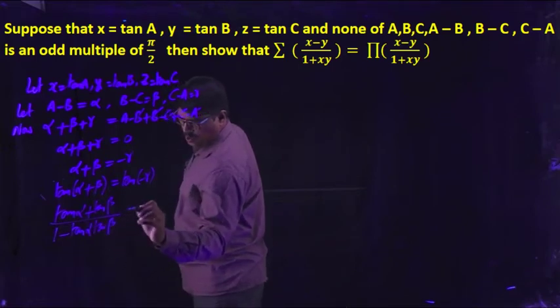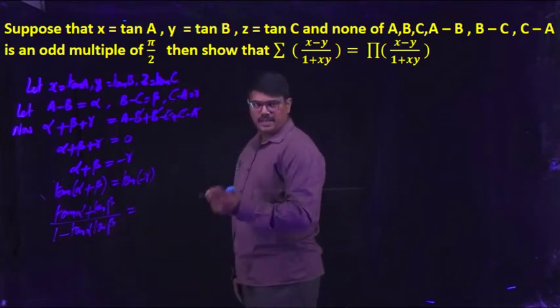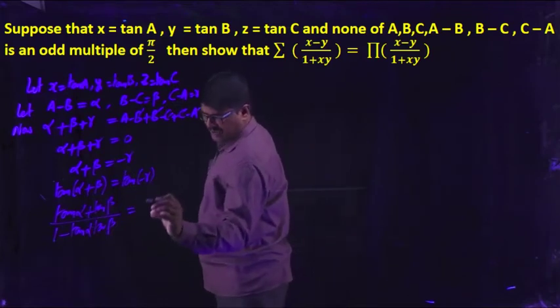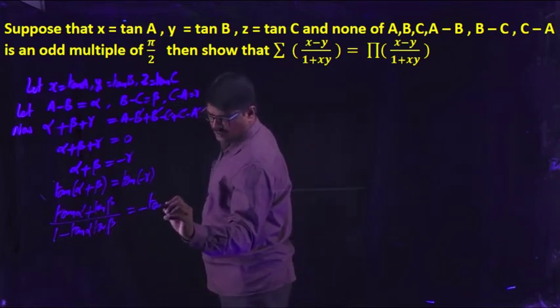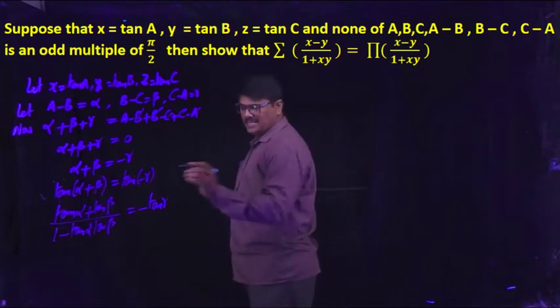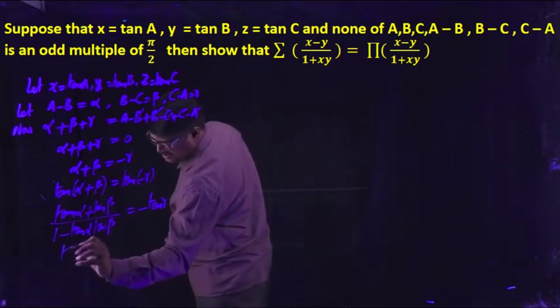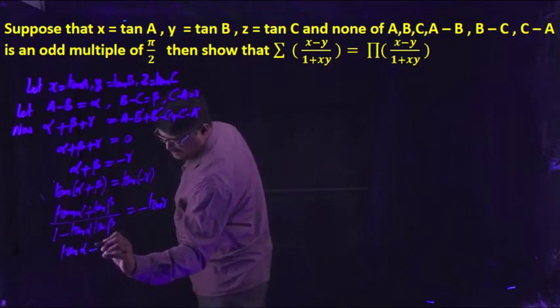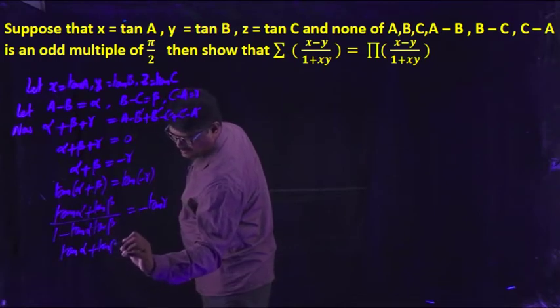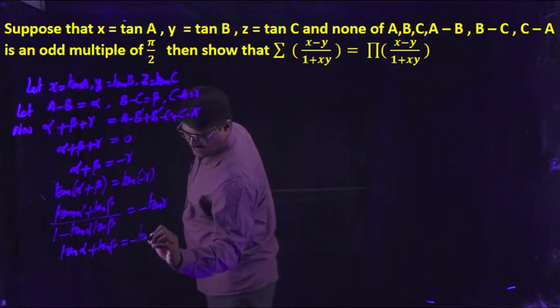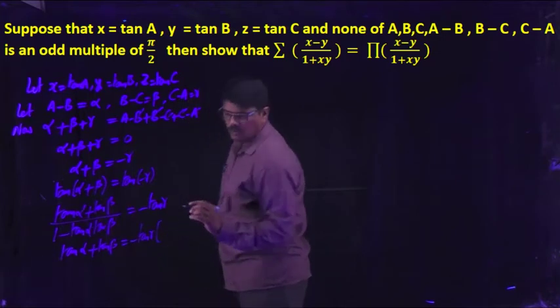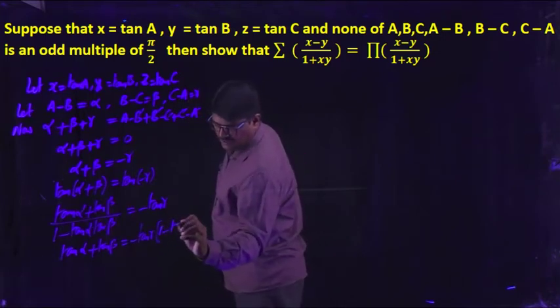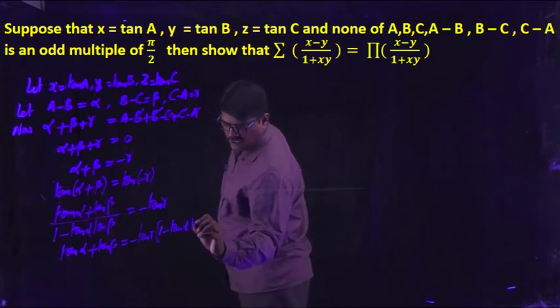As we know, tan of minus theta is minus tan theta, so tan of minus gamma becomes minus tan gamma. Later, taking cross multiplication, this becomes tan alpha plus tan beta is equal to minus tan gamma into (1 minus tan alpha tan beta).